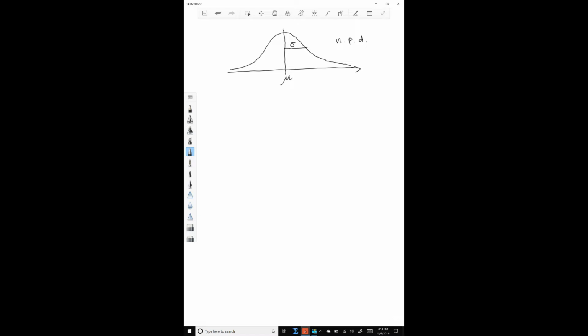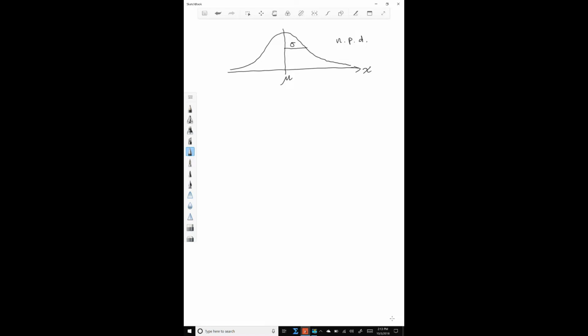Sigma squared is the variance, and the horizontal axis is a score, and for the general distribution we'll use an x. There's really nothing more to say about a general normal probability distribution beyond these three letters.